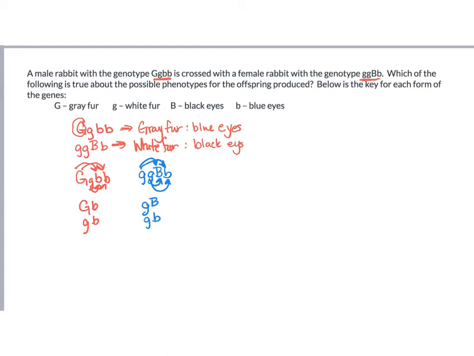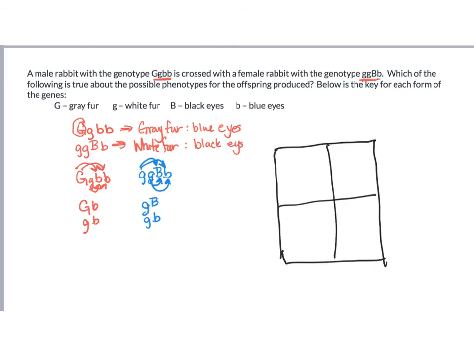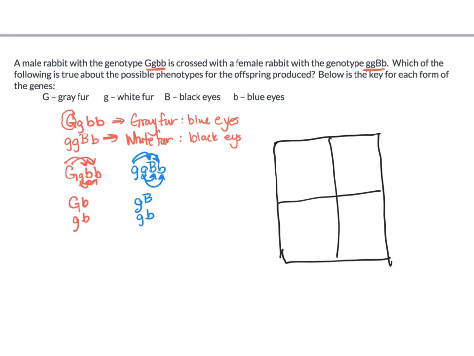All right? And so now we just make our Punnett square. And we put our possible allele combinations on the side. So G, big B, little g, little b.